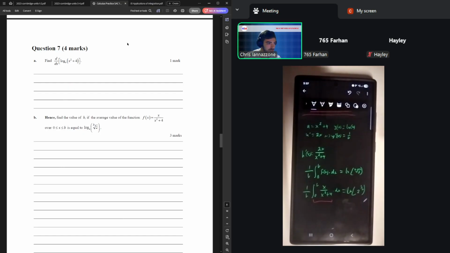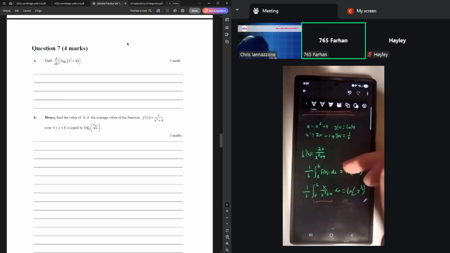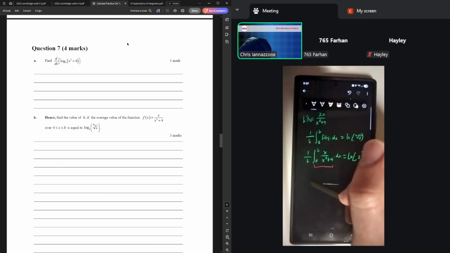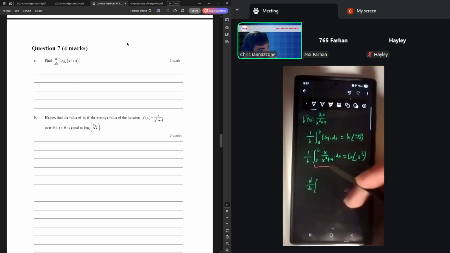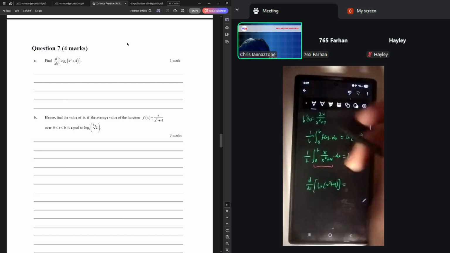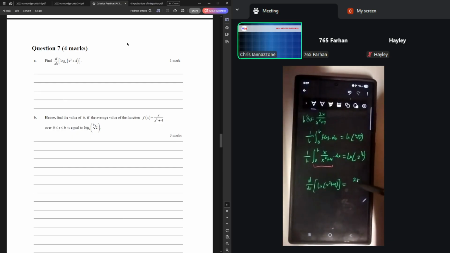So basically we figured out that the diff of our part A function is that. So in other words, if we integrate both sides of that equation, we should get right back to the natural log. So we have d/dx applied to the natural log of x squared plus 4, which is equal to 2x over x squared plus 4.